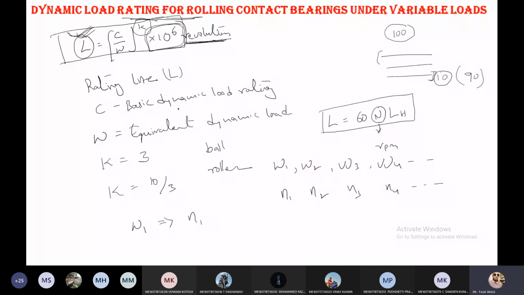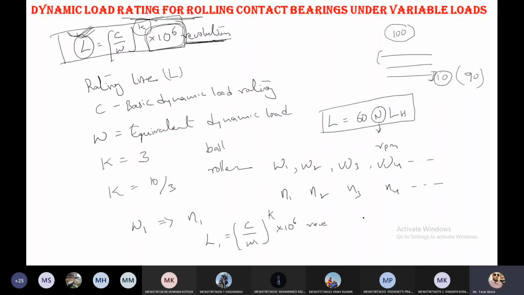The relation for the load and number of revolutions is L1 equals (C by W1) to the power K, into 10 to the power of 6 revolutions, where we select the K value depending on whether it is a roller or ball bearing.